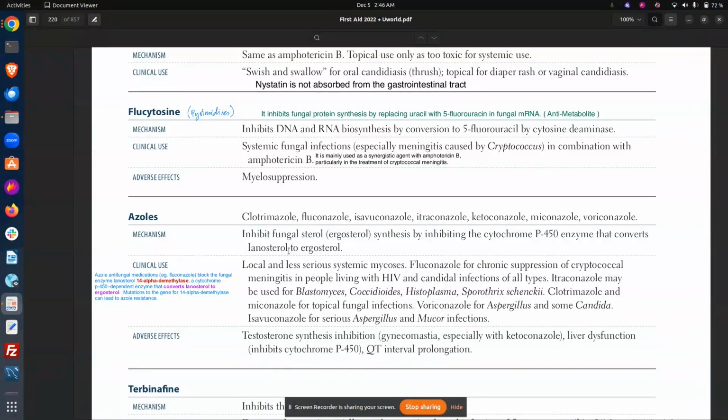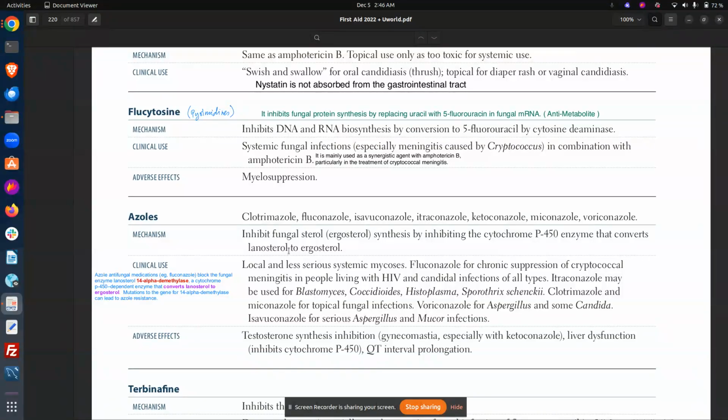First is gynecomastia, especially with ketoconazole. They are inhibitors of cytochrome P450, so they increase the level of drug in the blood. There are a lot of cytochrome P450 inhibitors, and azoles are one of them. And third is QT interval prolongation. There are a lot of drugs that can cause QT prolongation, and azoles are one of them. So remember these three adverse effects related to azoles.